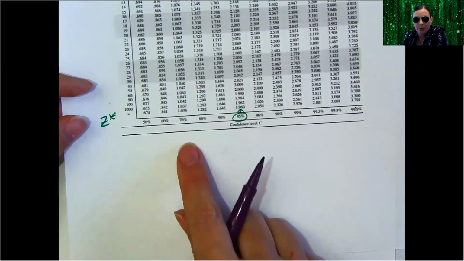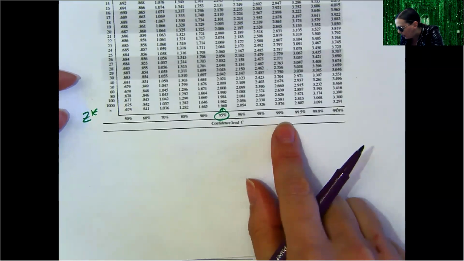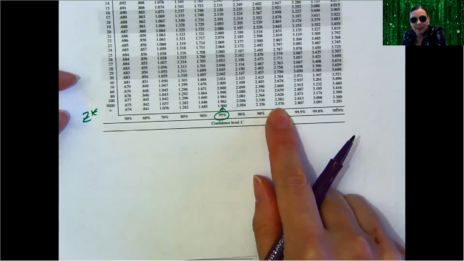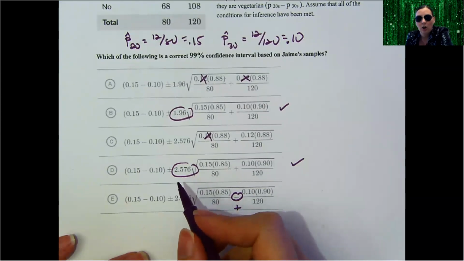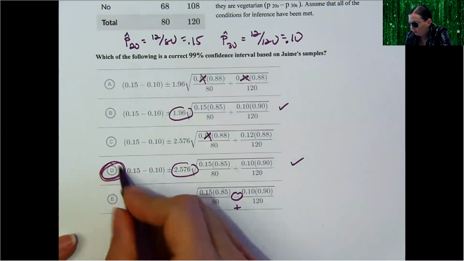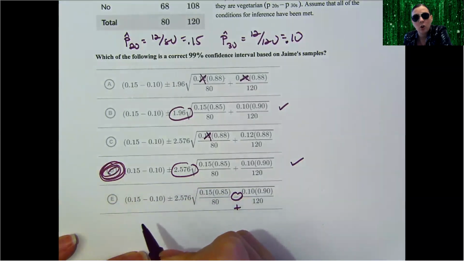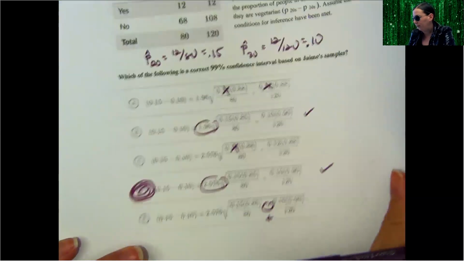So 99% is 2.576 for our critical value. So 2.576, it looks like my winner chicken dinner is D. Got it? Good. Next page.